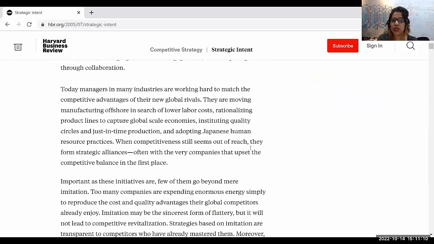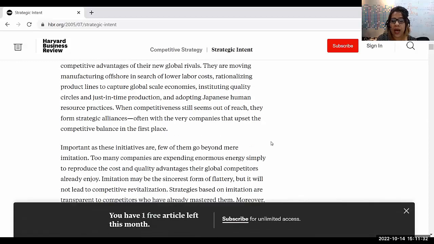So it says today managers in many industries are working hard to match the competitive advantage of their new global rivals. Competitive advantage was one of the major objectives of strategic management, I told you yesterday. They are moving manufacturing offshore in search of lower labor costs, rationalizing product lines to capture global scale economies, instituting quality circles, and just-in-time production.